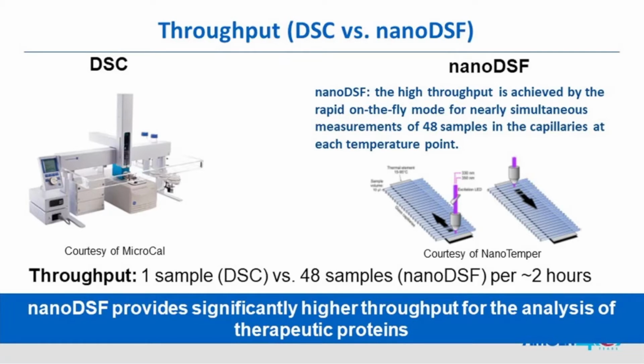So nanoDSF provides significantly higher throughput for the analysis of therapeutic proteins. In this COVID-19 pandemic, we know one thing for sure, that is the throughput and the turnaround time of testing COVID-19 is so critical. Higher throughput and a quick turnaround time could be a matter of life or death.